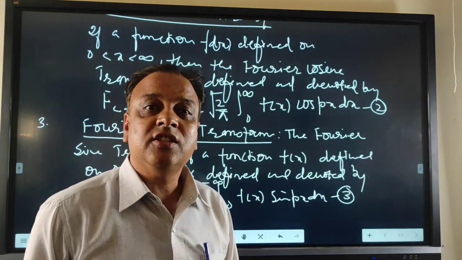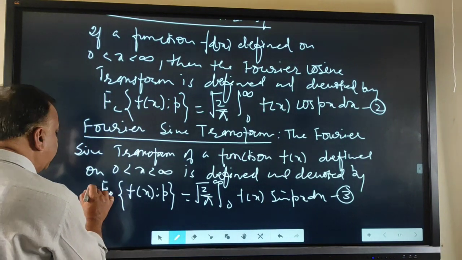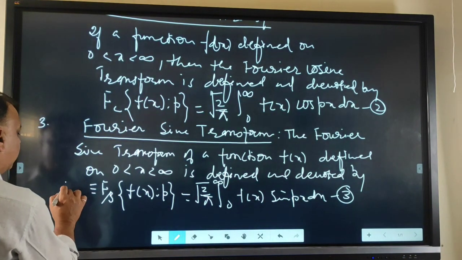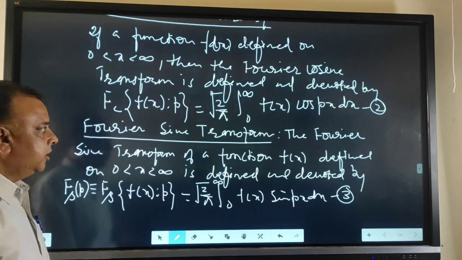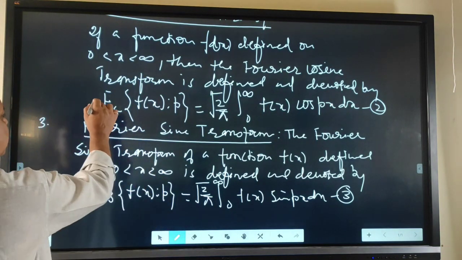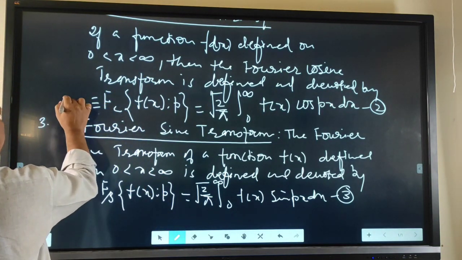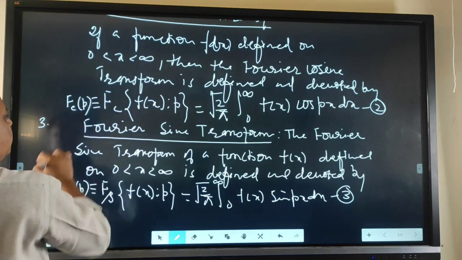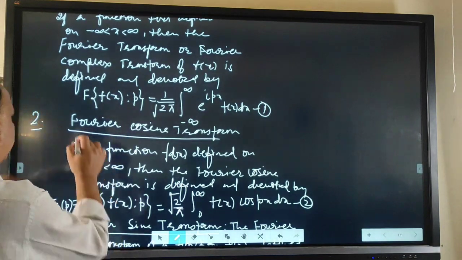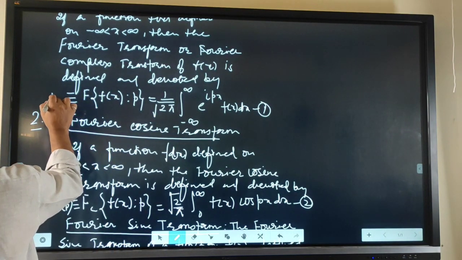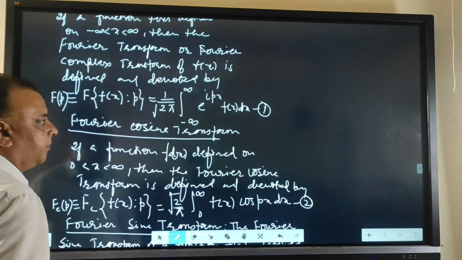It is also denoted by F_S(p). Similarly, the Fourier cosine transformation is also denoted by F_C(p), and the Fourier complex transformation is also denoted by F(p).